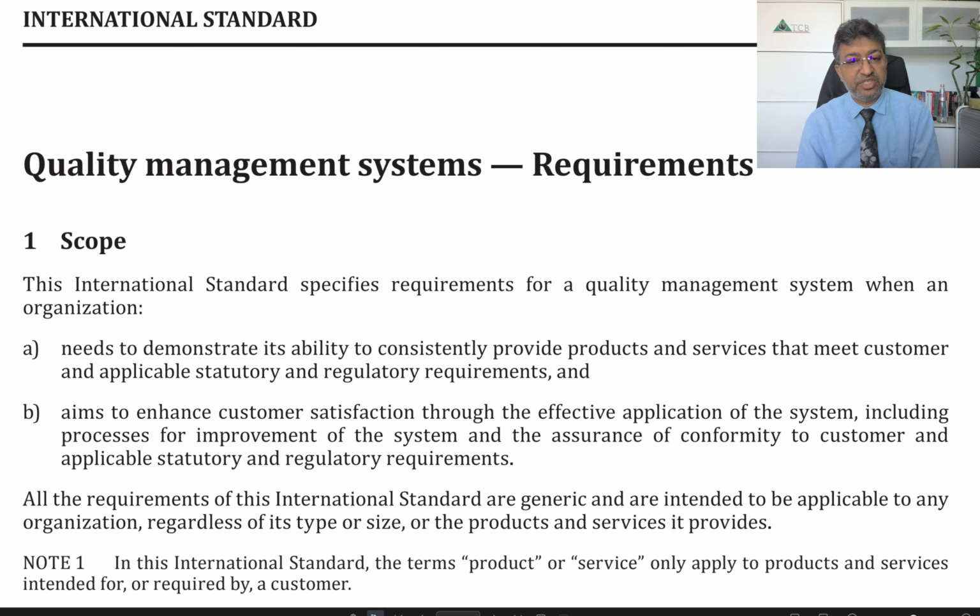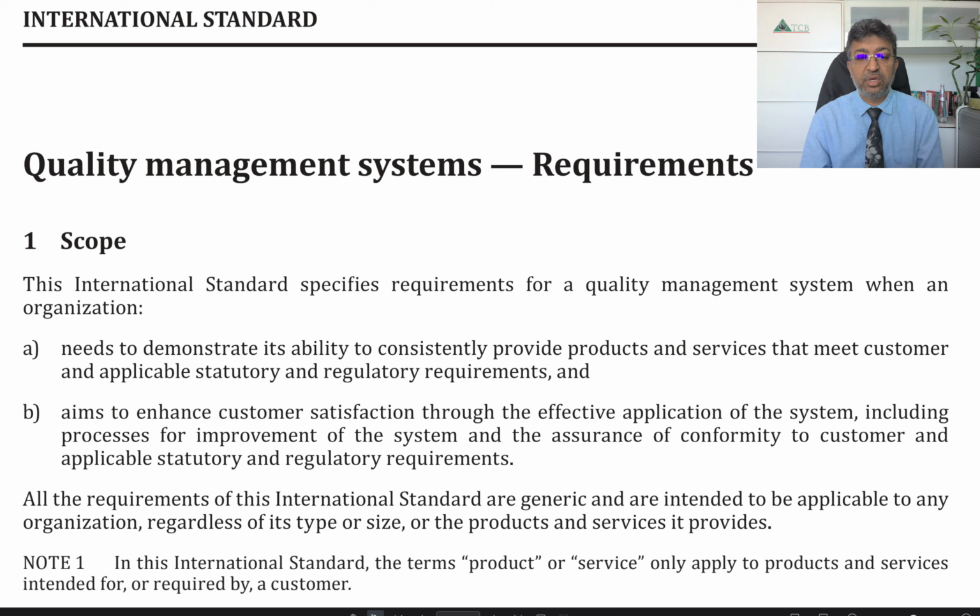This international standard specifies requirements for a quality management system when an organization needs to demonstrate its ability to consistently provide products and services that meet customer and applicable statutory and regulatory requirements, and aims to enhance customer satisfaction through the effective application of the system, including processes for improvement of the system and assurance of conformity to customer and applicable statutory and regulatory requirements.